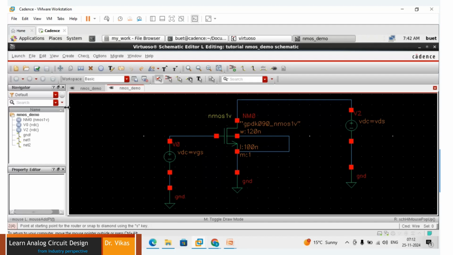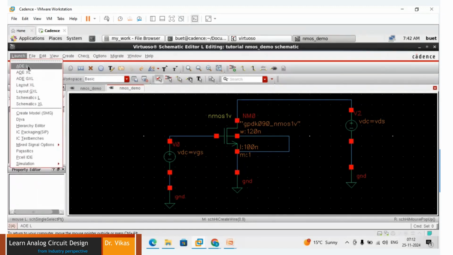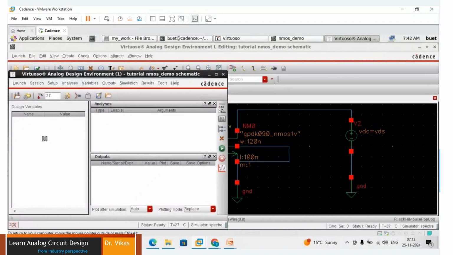In the next session, I'll try to show you why this has to be connected and how exactly all these symbols and everything has to be connected and how exactly to work on these things. So I'll just go into the launch ADE. Because I have taken the voltages as parameters, I'll right click, copy from cell view.